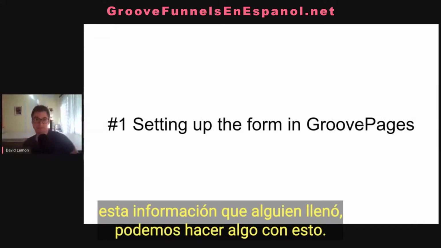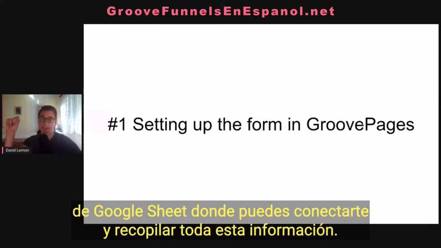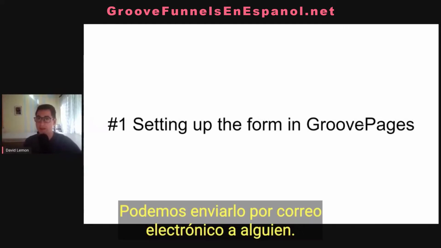We can do something with this information. We can send it to a spreadsheet like Excel or Google Sheets, where you can collect all this information. We can also email it to somebody.